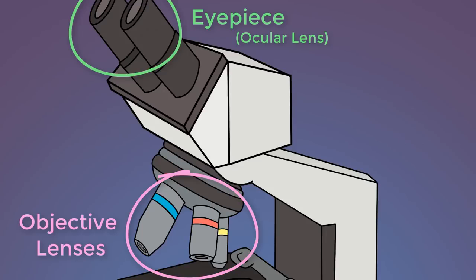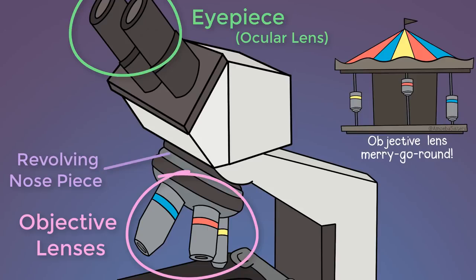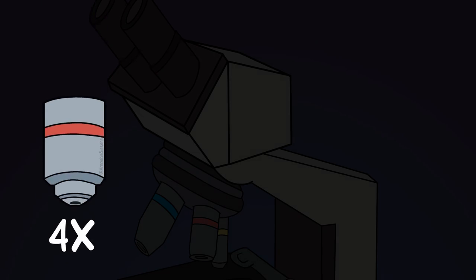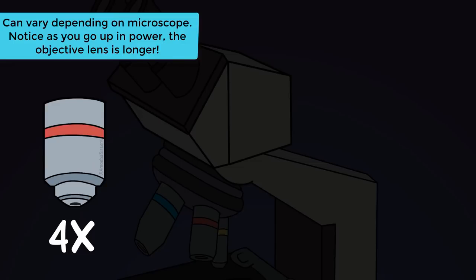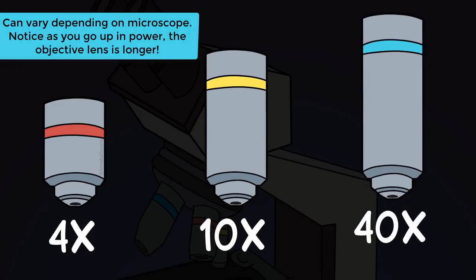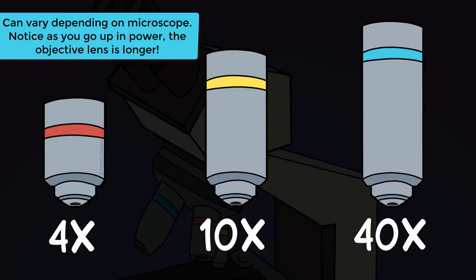You can see that the objective lenses are attached to this revolving nose piece, which allows them to be rotated, so you can select a certain one that you want to use. With my particular microscope, I have three objective lenses. A scanning objective lens that magnifies 4 times, the low-power objective lens that magnifies 10 times, and the high-power objective lens which magnifies 40 times.